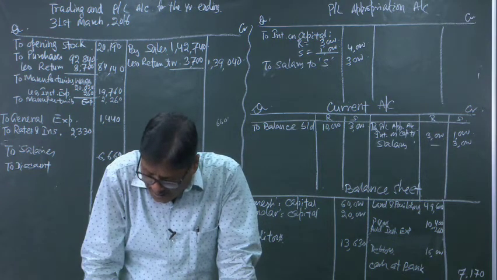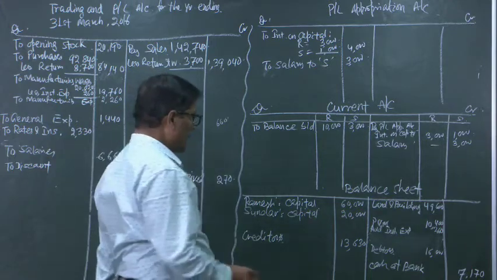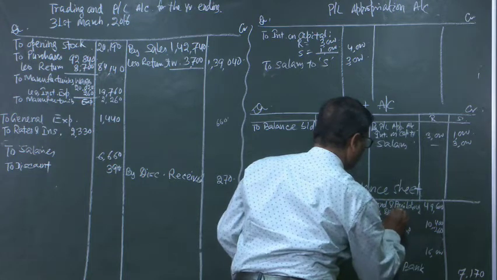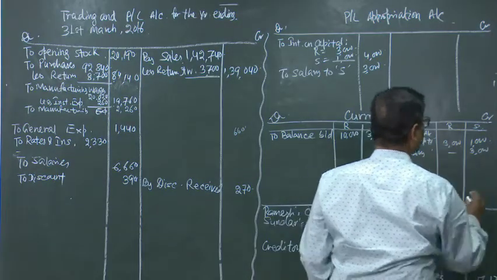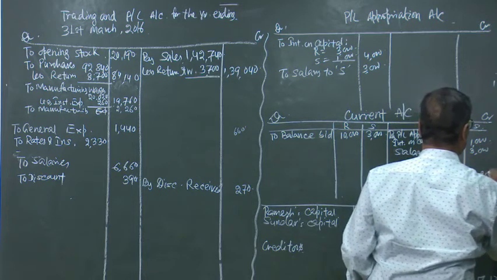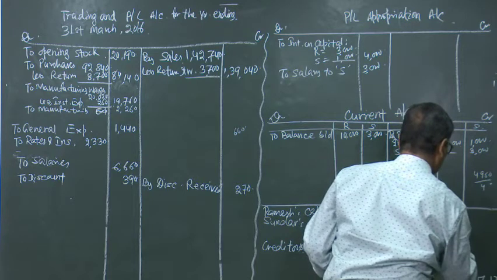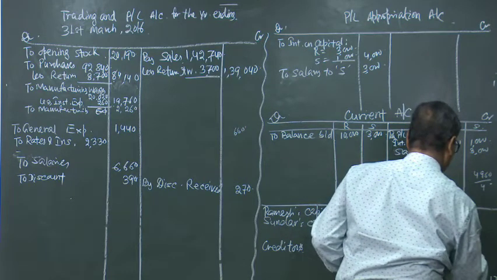Depreciation is to be provided at 2.5% on land and building. So, on land and building less depreciation 2.5%, that is 49,600 divided by 40. So, in this way it will be 1,240.